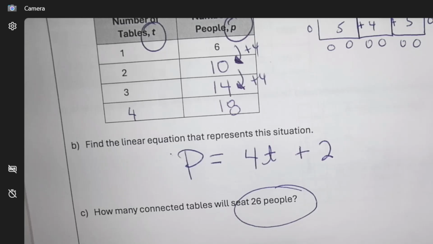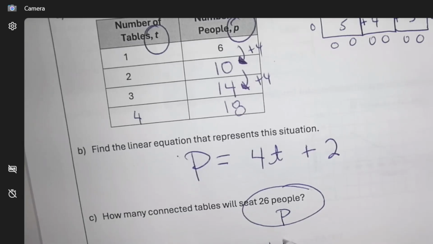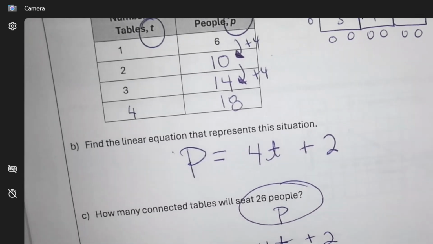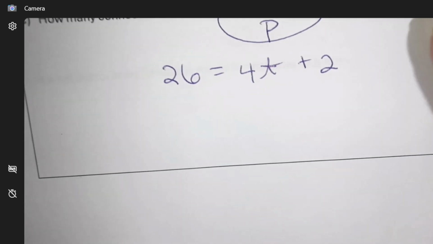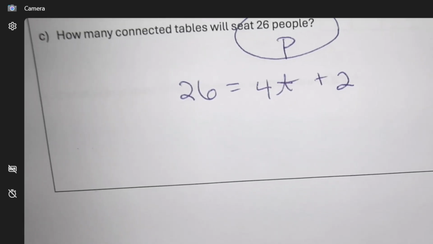So which letter is the replaced letter? P. Okay, so if you were to tell a person what to do, would you evaluate or would you solve? Does this make you evaluate something or does this make you solve something?